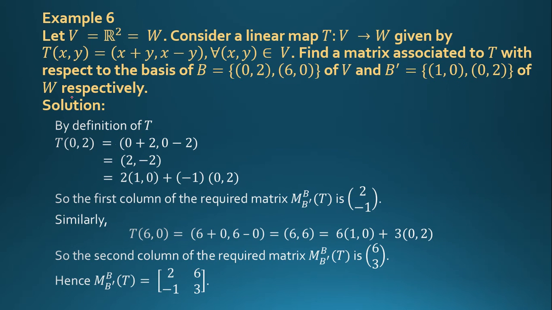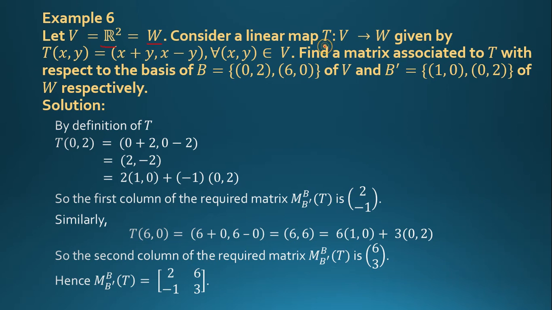Last and sixth example: let V is equal to R2 and W is equal to R2. Both vector spaces are taken as R2.